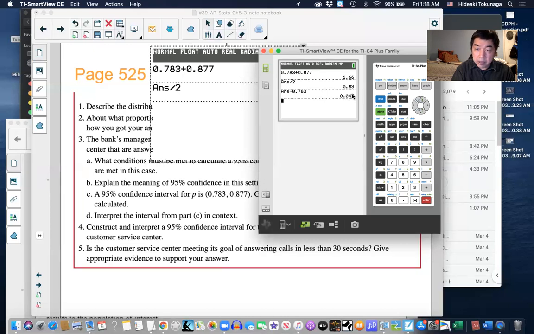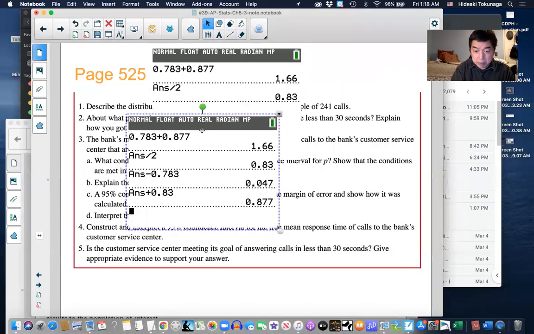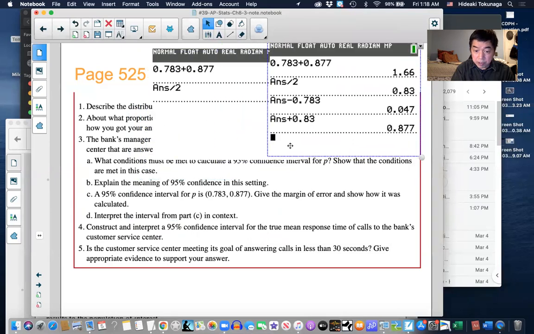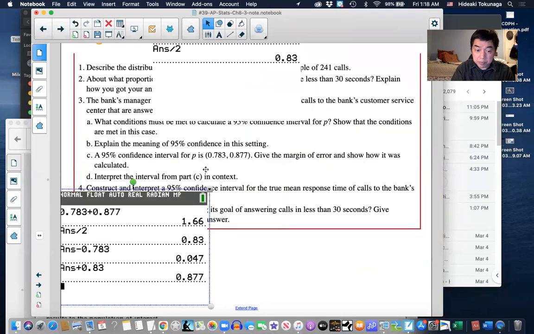If I add this number to 0.83, do I hit 0.877? Let's see: 0.83 plus 0.047 is 0.877, so bingo.